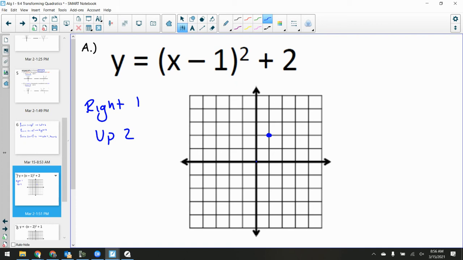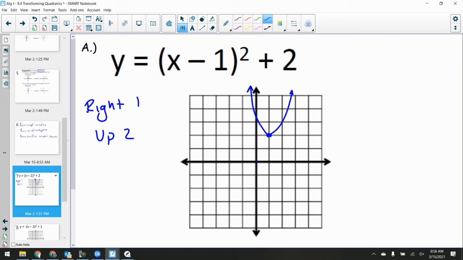Now, does this open upward or downward? Well, look out front. Is there a positive or a negative? There's a positive, so it opens upward. And from there, it's just a sketch. I need to see that the vertex is in the correct spot, and I need to see whether it opens upward or downward.